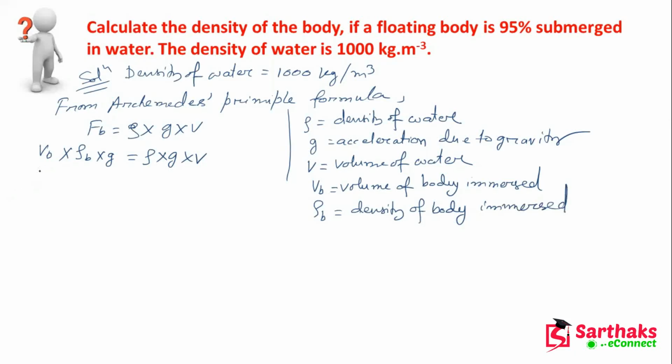So from this equation we may find out rho B that is nothing but V into rho divided by VB.